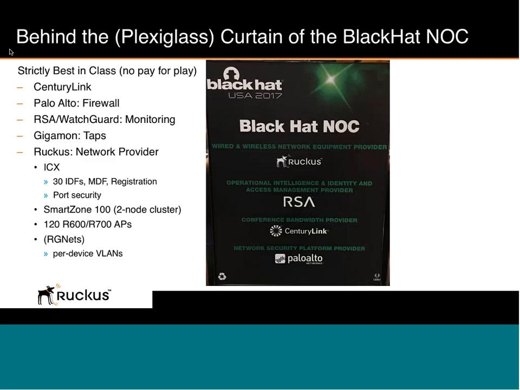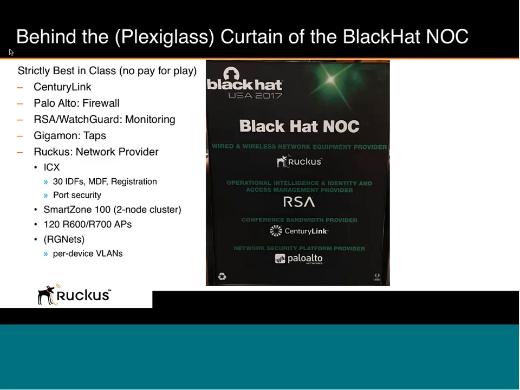I would love to be able to use a remote virtual controller, but for BlackHat, we can't do that because we're not going to open up any ports coming in, for obvious reasons. In addition to the controllers, which by the way I ran as a 2-node cluster, so it was active-active with load balancing the APs across both of those controllers.